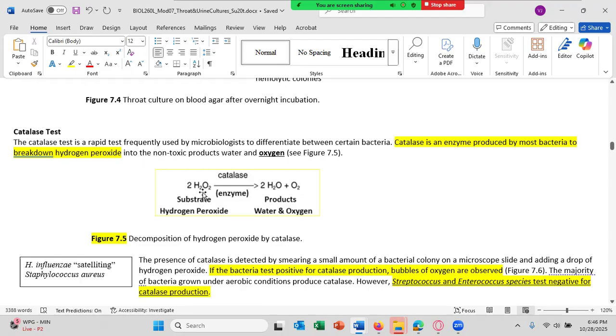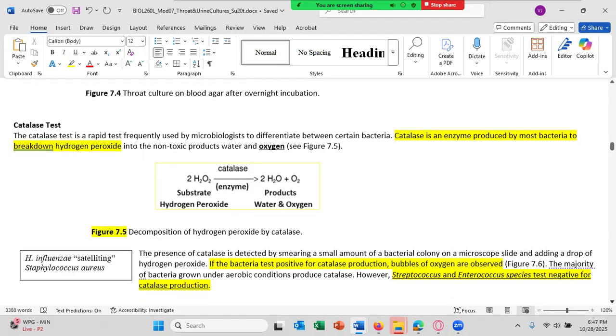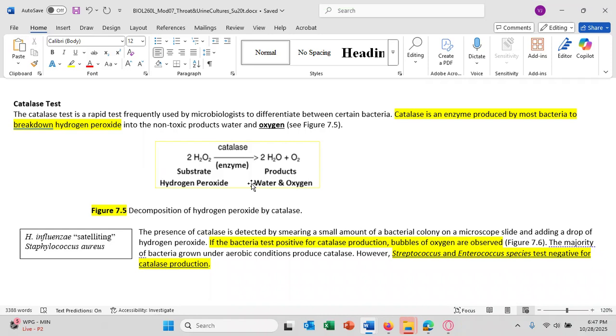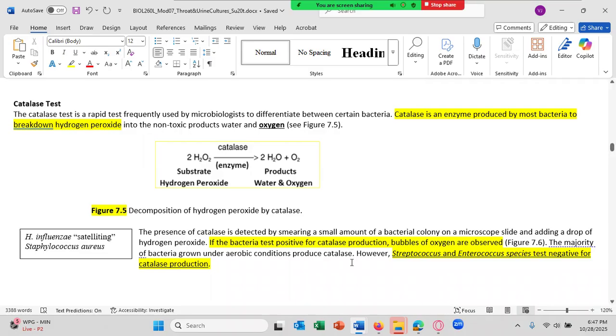And if the organism produces catalase, it is not a member of Streptococcus. It might be Staphylococcus or something like that. Most organisms that grow in the air produce catalase, but there are two families that grow in the air that do not, and that's the family Streptococcus and the family Enterococcus. They're negative for catalase production.